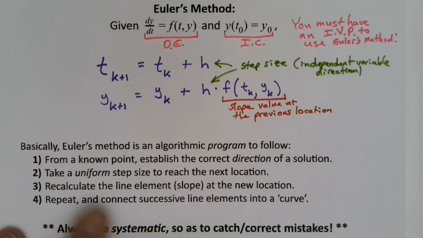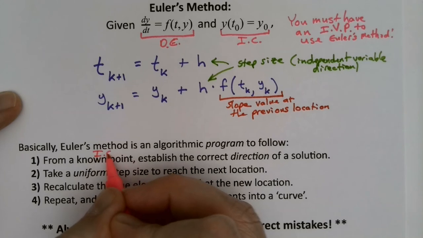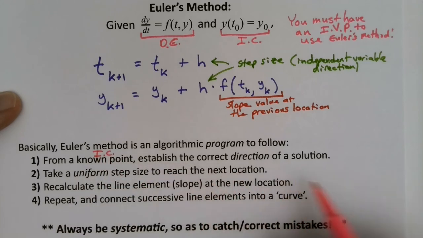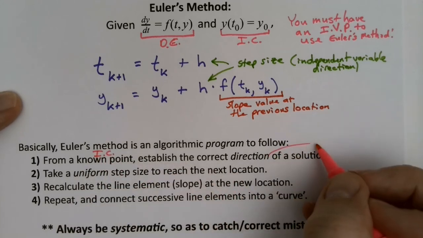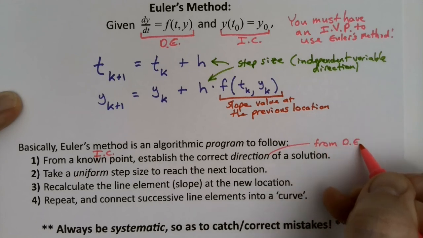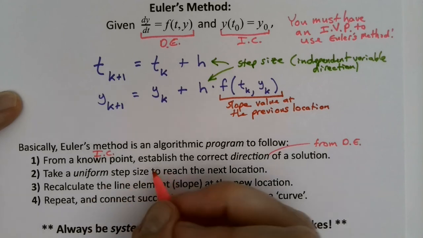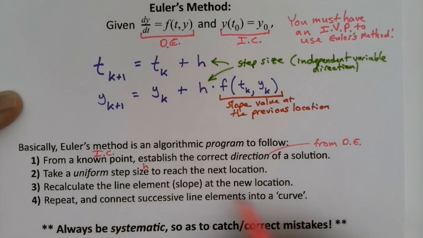And basically it boils down to, from a known point, that's our initial condition, if you remember, establish the correct direction of the solution. And the direction, that's from the dE, from the differential equation. It tells you which way to go. Take a uniform step size, that's h, to reach the next location. Recalculate the line segment slope, right?